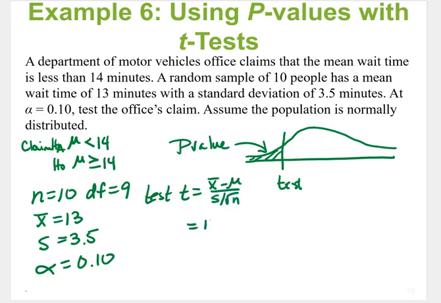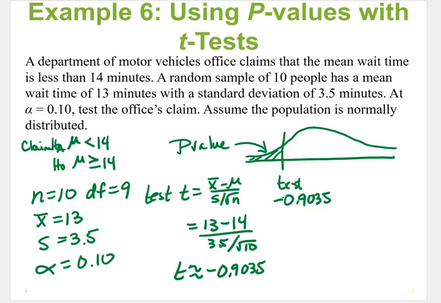So x bar is 13 minus mu, which is 14, over 3.5 divided by the square root of 10. So I'm going to put all that in my calculator, and I get that my test t is about negative 0.9035. Glad it came out negative, so I know it's the right spot.